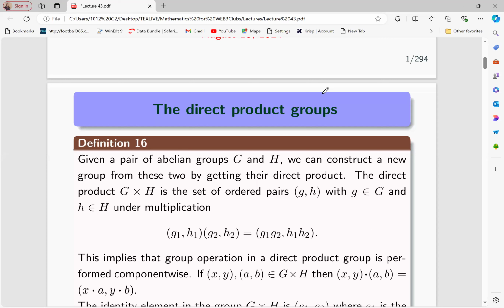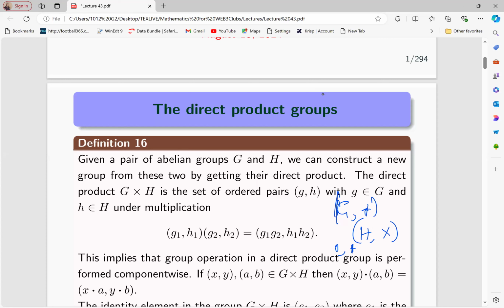Now, just before we go to the example, supposing G is an additive group, and supposing H is a multiplicative group. What we know is that the identity of G is 0 since G is an additive group, and the identity of H is 1 since H is a multiplicative group.